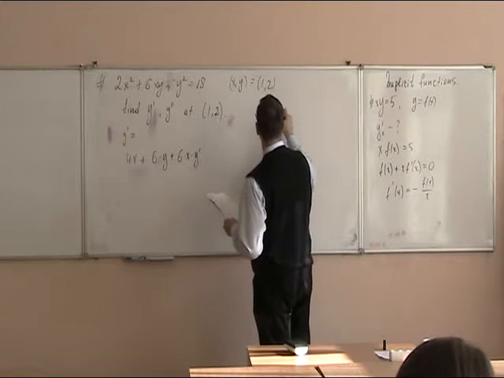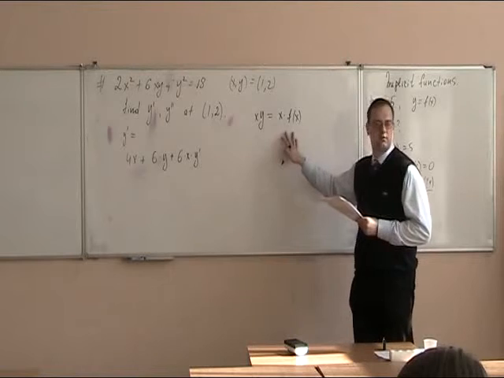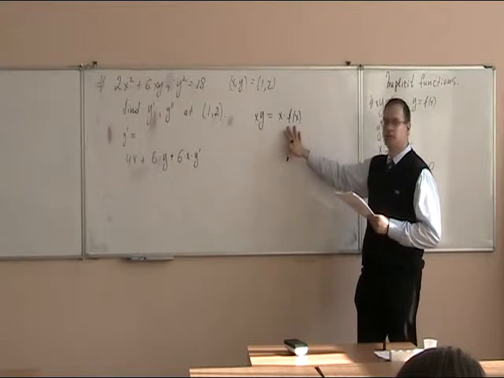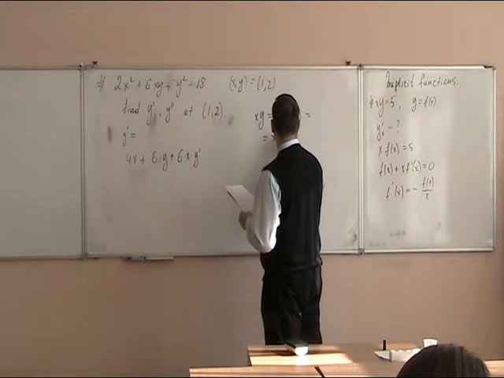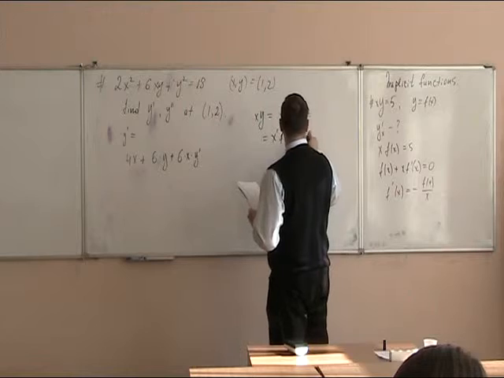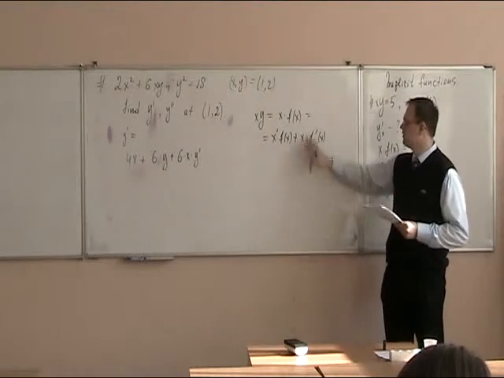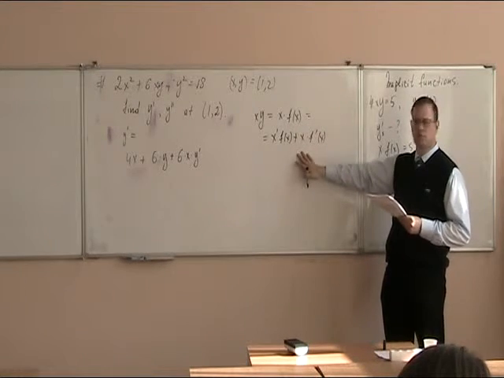xy is basically x times f of x, because y is a function of x. So we have to differentiate this product with respect to x. We differentiate this product as x prime f of x plus x times f prime of x. Is this connection clear between these two?